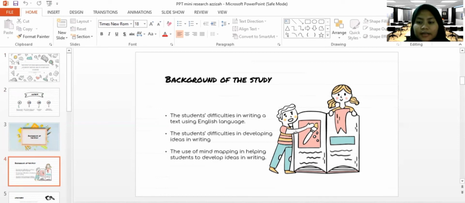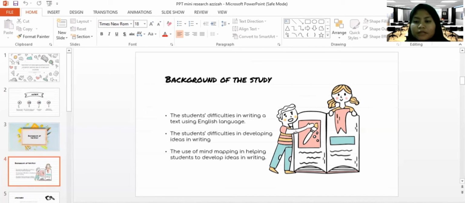They define writing as generating, organizing, and translating ideas into legible text. Their statements show that learners go through more than one process in writing. It becomes a problem when learners cannot process their ideas into a text. Sometimes they do not even know what to do at the beginning of writing.